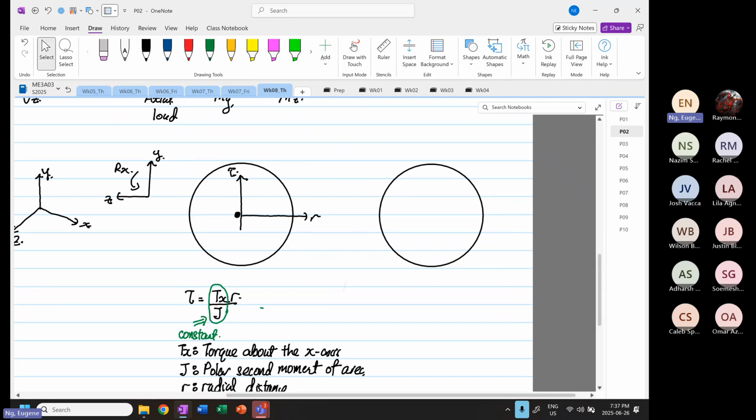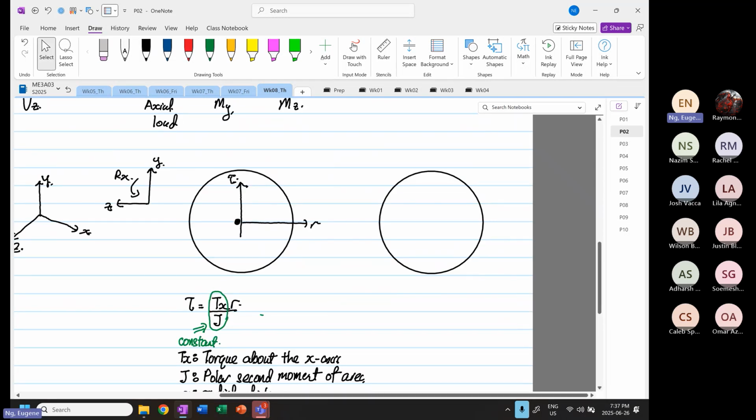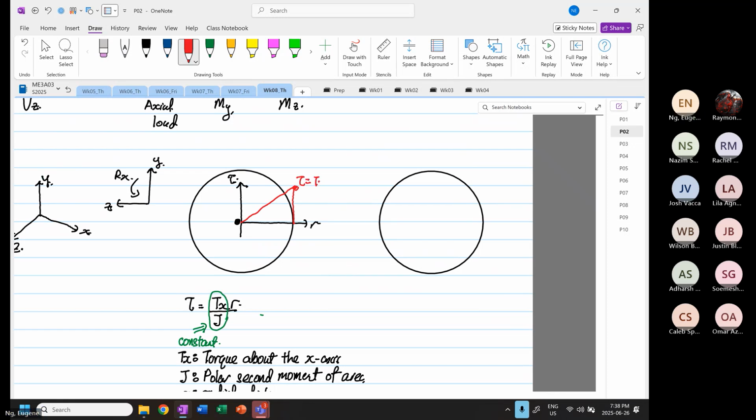Okay, so we know this equation over here will have a linear distribution of your torque up to the radius. So at this point over here, the shear stress is equal to TR, or Tx R max divided by J. Okay.